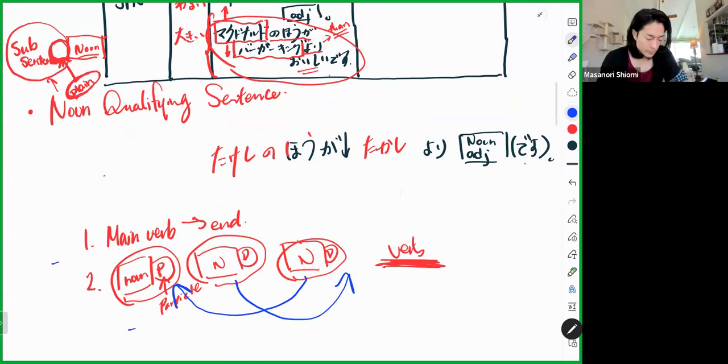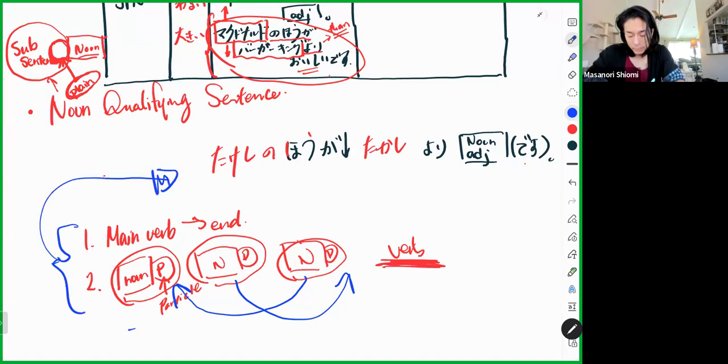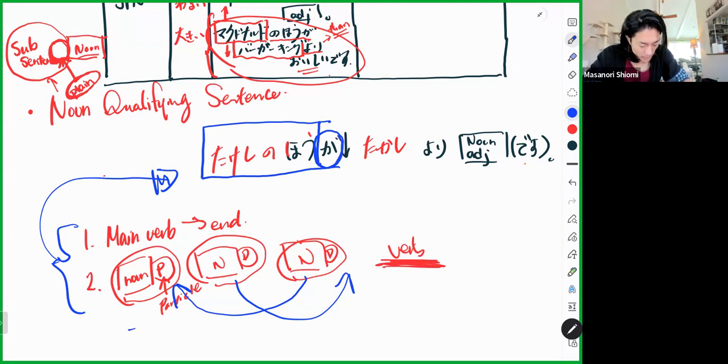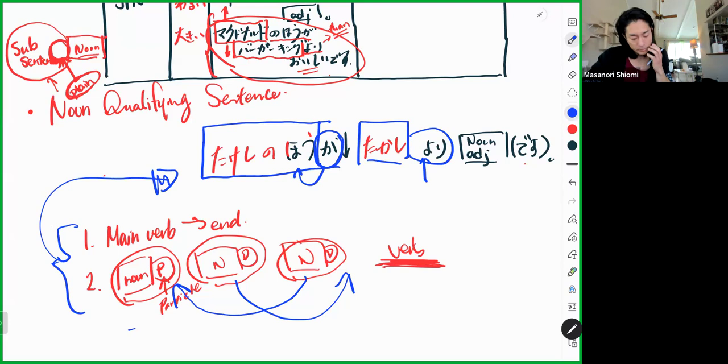Same thing applies here. Takeshi is already connected to ho as one noun. And then ga is the particle, right? It's connected with this. And then Takashi yori is the particle that's connected to Takashi.